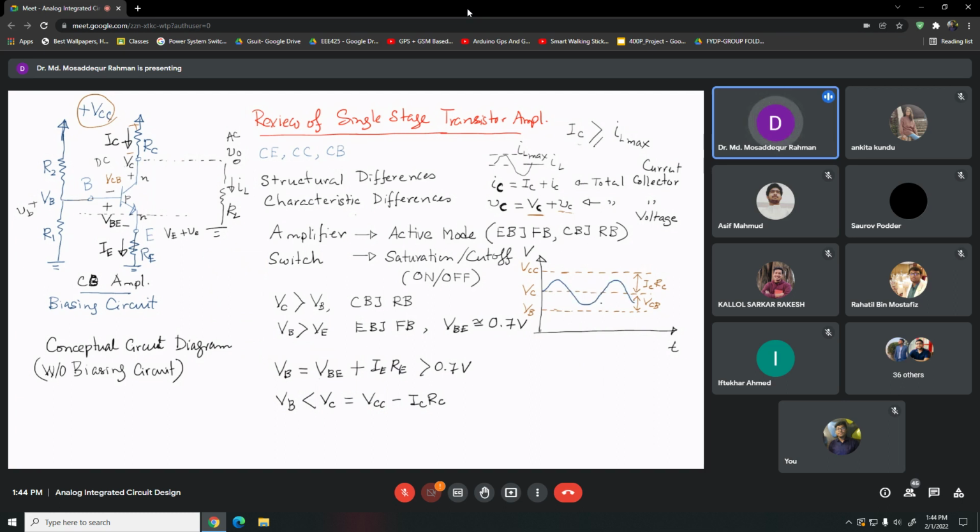That will be our total collector voltage, small v with capital C, showing how it is varying. And this difference is the maximum value, the peak value of the output voltage.